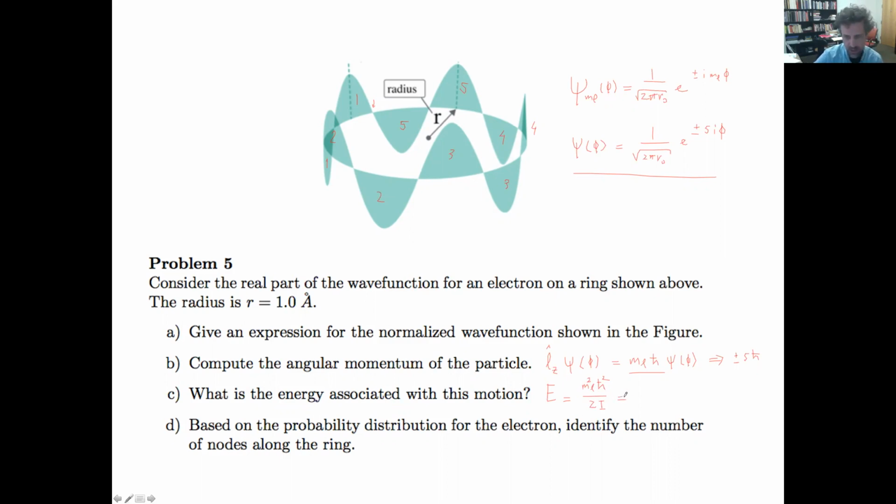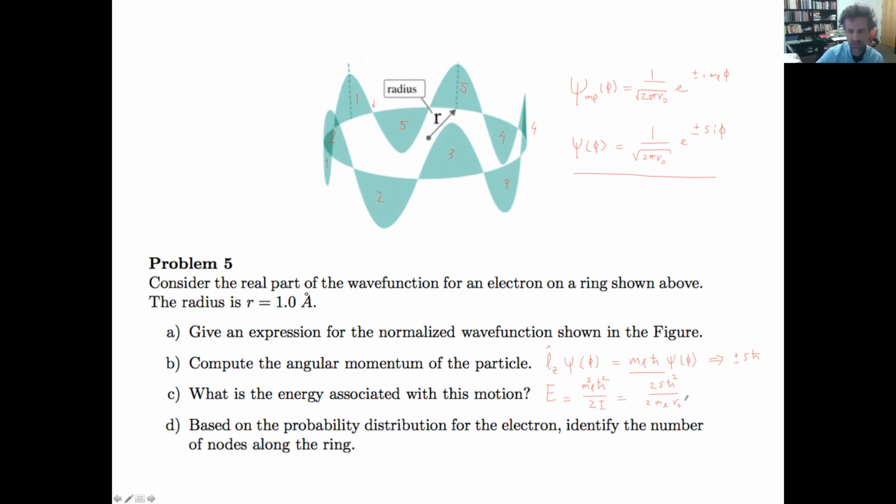So what do we have? We can actually fill out some of this. So ml is plus or minus 5, so the square of that is 25. 25 h bar squared. And then I have 2 times the mass of the electron times r naught. And r naught I also know, because that is 1 angstrom.